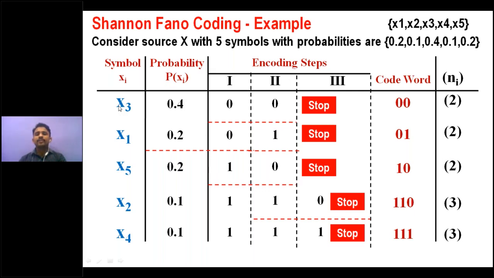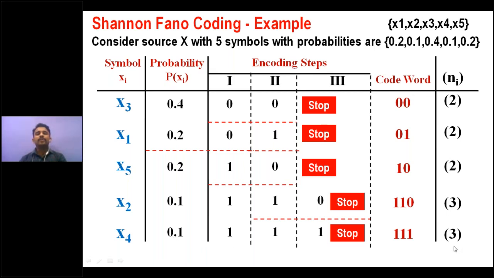And if you see the number of bits in this code word, here, 2. Clear? And similarly, for the lower probability, that is 0.1, 0.1, 0.1, for the last symbols, the number of bits in the code word is 3 and 3. That means we can conclude, if the probability is high, the number of bits is very low. If the probability is low, the number of bits is high.